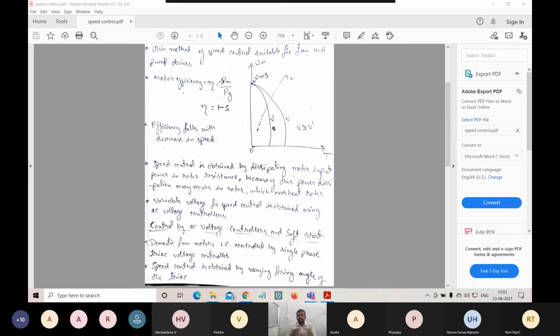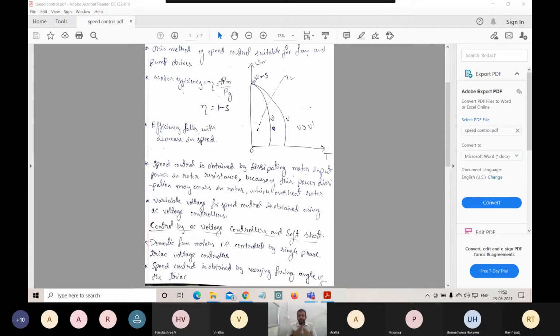So dissipating of motor input power in the rotor resistance directly depends upon our speed control. Because of this, the power dissipation mainly occurs in the rotor, which overheats the rotor.